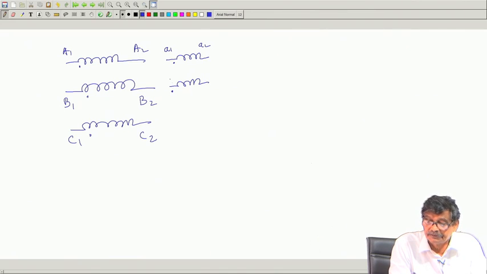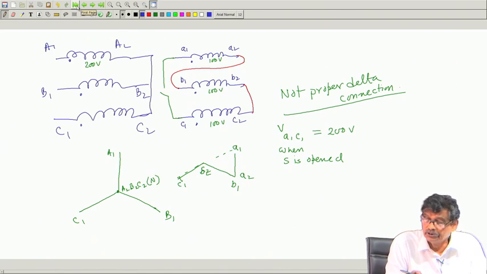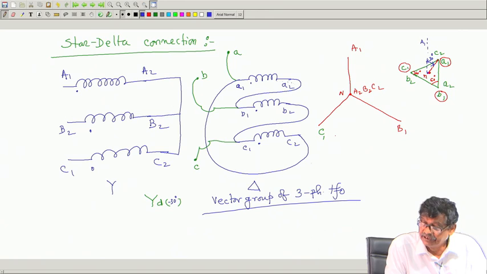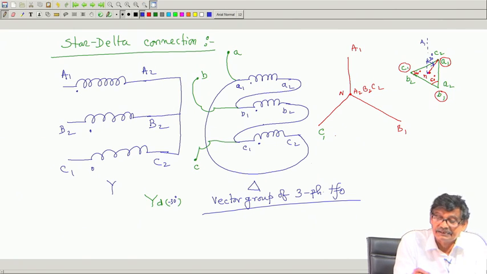So, this is dot B1, B2 and this is C1, C2, this is also dot. Now, in the previous case I told you there are 2 valid delta connections. This way I have connected A2 with B1, B2 with C1, C2 with A1. I will now go the other way around, A1, B2 like that.